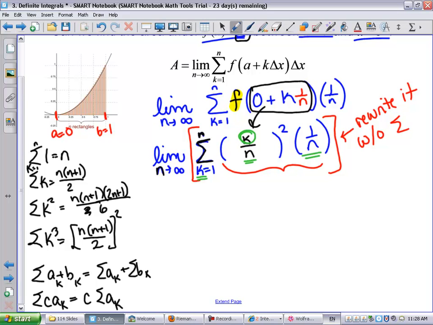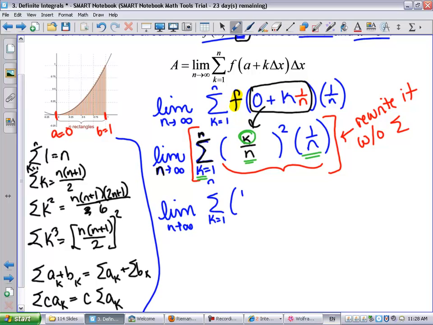So let's rewrite this as limit as n goes to infinity of sum, k goes from 1 to n, of 1 over n cubed times k squared. And then we can take that 1 over n cubed out front. So we get limit as n goes to infinity, 1 over n cubed, sum, k goes from 1 to n, of k squared.